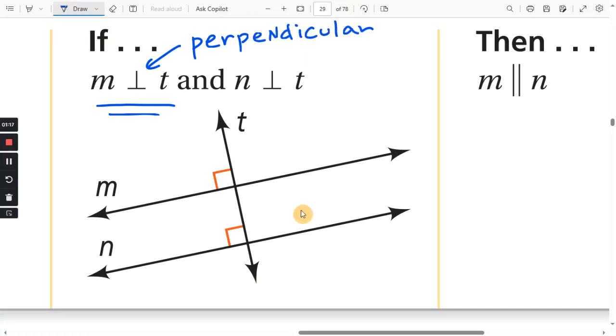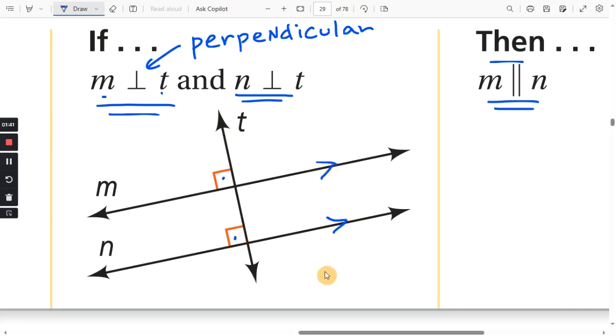That means it makes a right angle. So M is perpendicular to T. We see that right here. M and T make a right angle. And N is perpendicular to T. Here's line N. Here's the right angle with T. Then M is parallel to N. So the one on top is parallel to the one on the bottom.